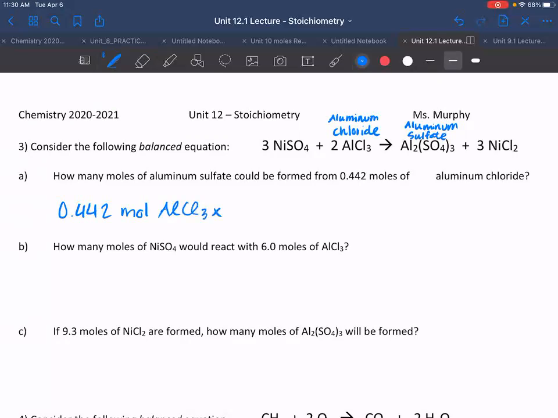All right, so that's how many moles I have of it. How many moles of aluminum sulfate am I making? So I set up my conversion fraction. I'm going to put moles of aluminum chloride on the bottom and moles of aluminum sulfate on the top.